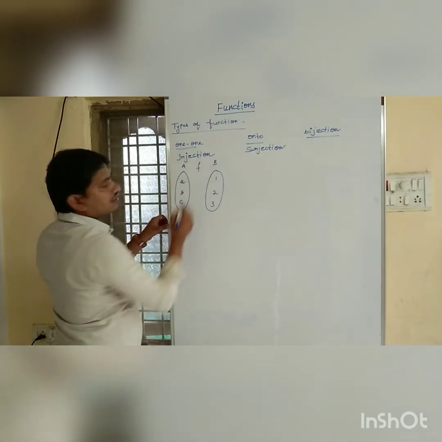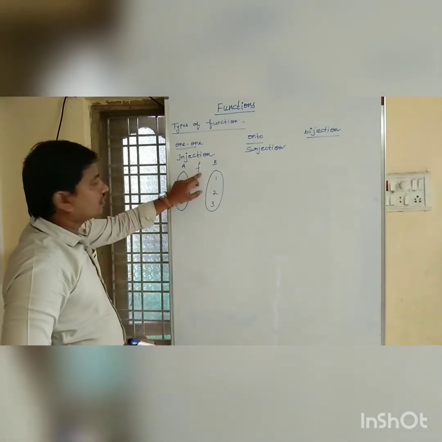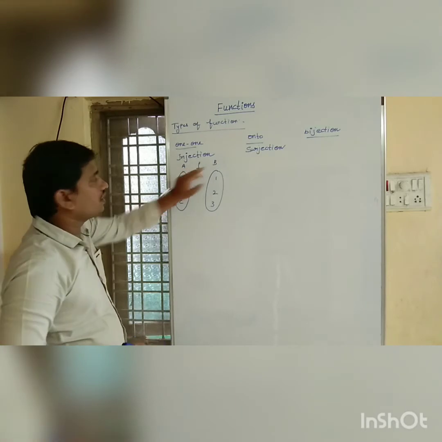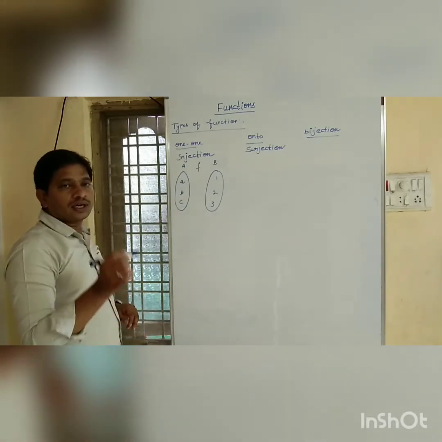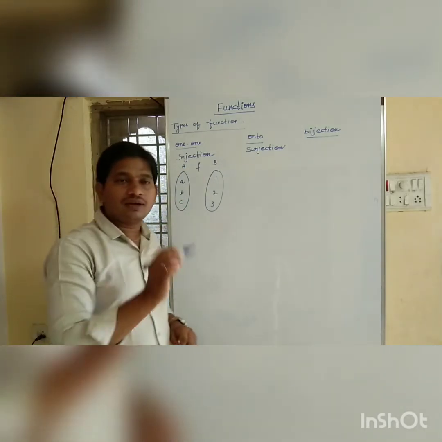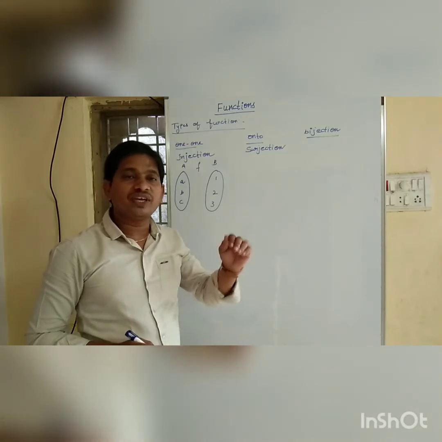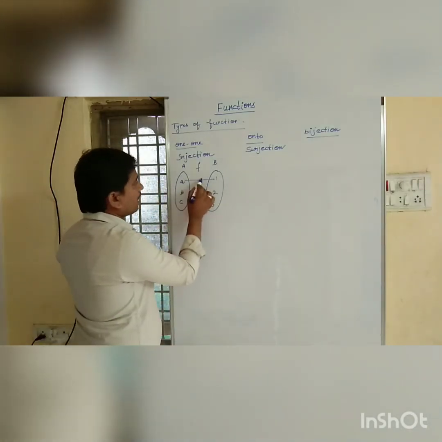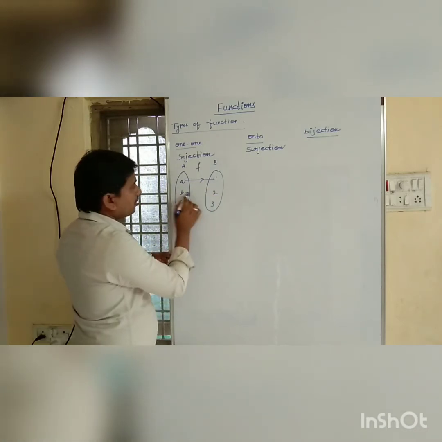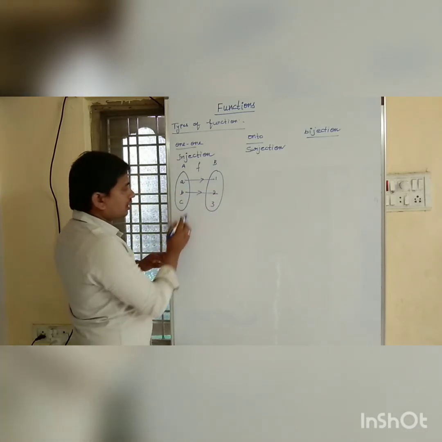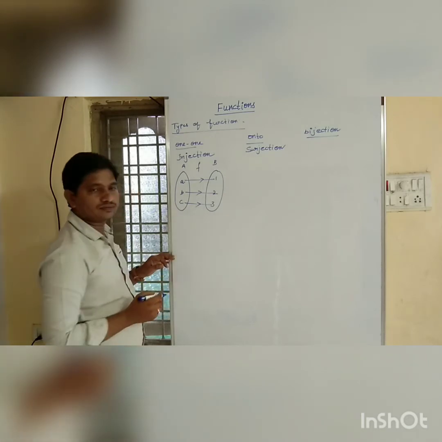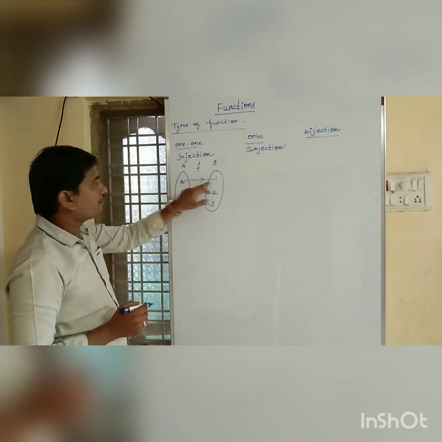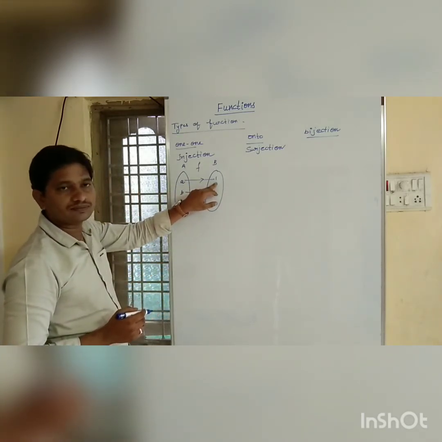F is a relation from A to B. Distinct elements of A must be mapped with distinct elements in B. Right? A must be mapped with 1, B must be mapped with 2, and C must be mapped with 3. One element must be mapped with one element in B.